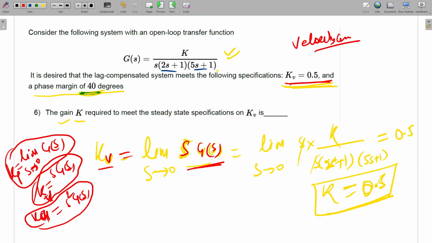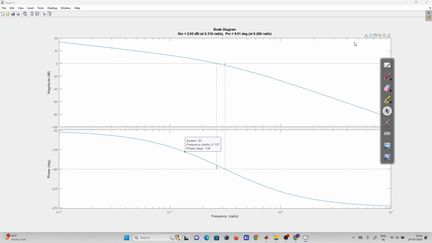I think already we have gone through this in the steady state chapter. Yes, sir. Okay, so I'll show once the MATLAB plot how much we have calculated, 0.137.